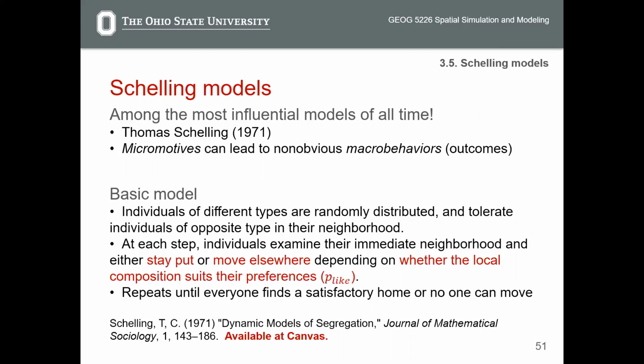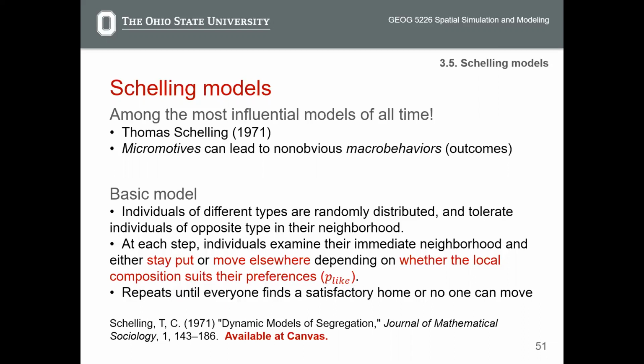If that is not the case, they want to move to another location to find more individuals belonging to the same type. So we use a parameter called p-like to address the local composition. A p-like is somewhere between 0 and 1.